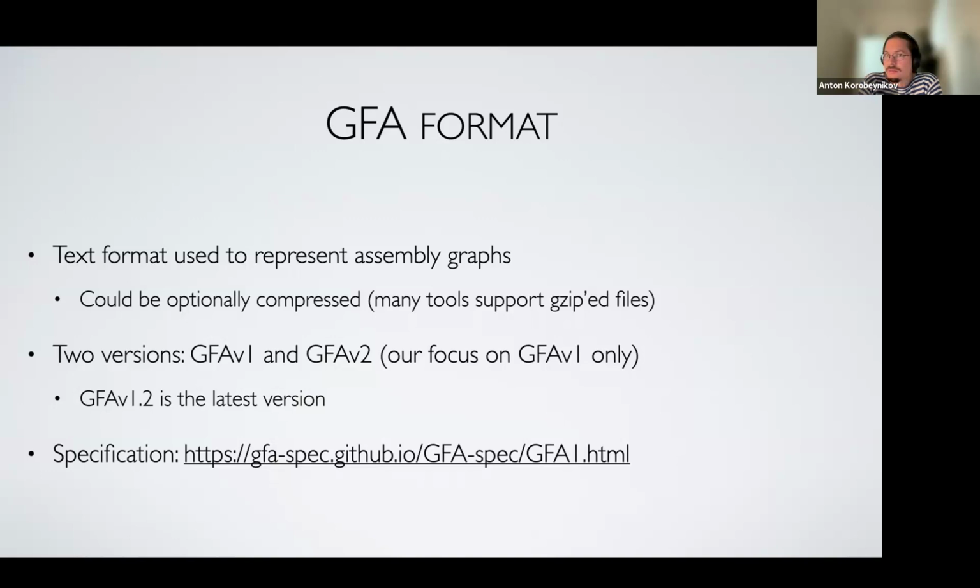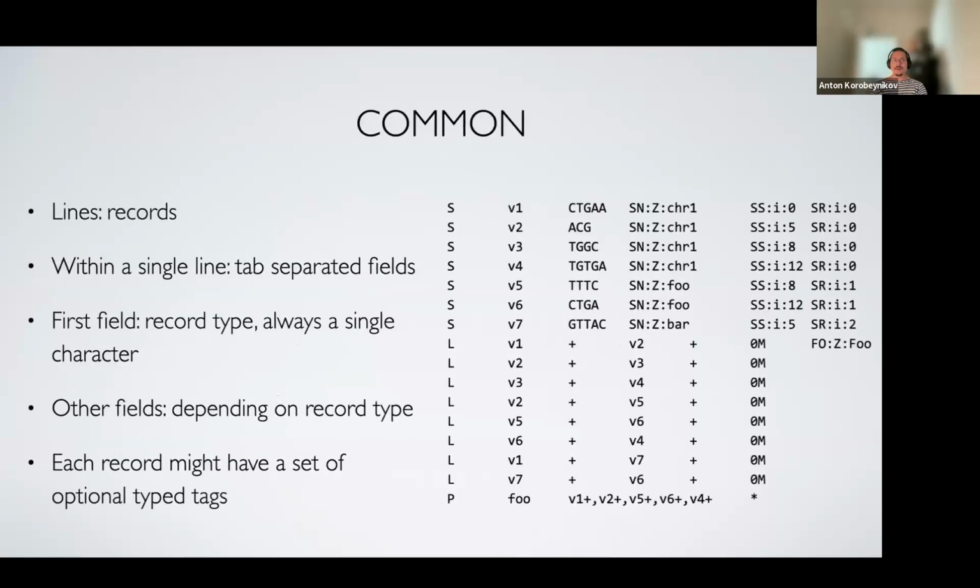I think it was released maybe a couple of years ago, as far as I remember. There is a specification, so everything is more or less standardized. But still, for the sake of completeness, let us briefly go over what is actually inside. There won't be any magic inside. Overall, the format is pretty straightforward, I would say.